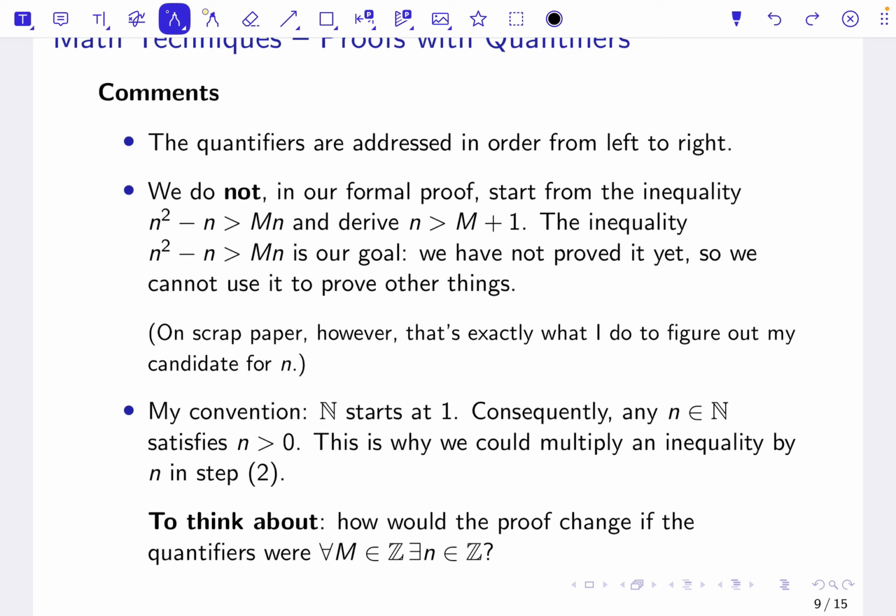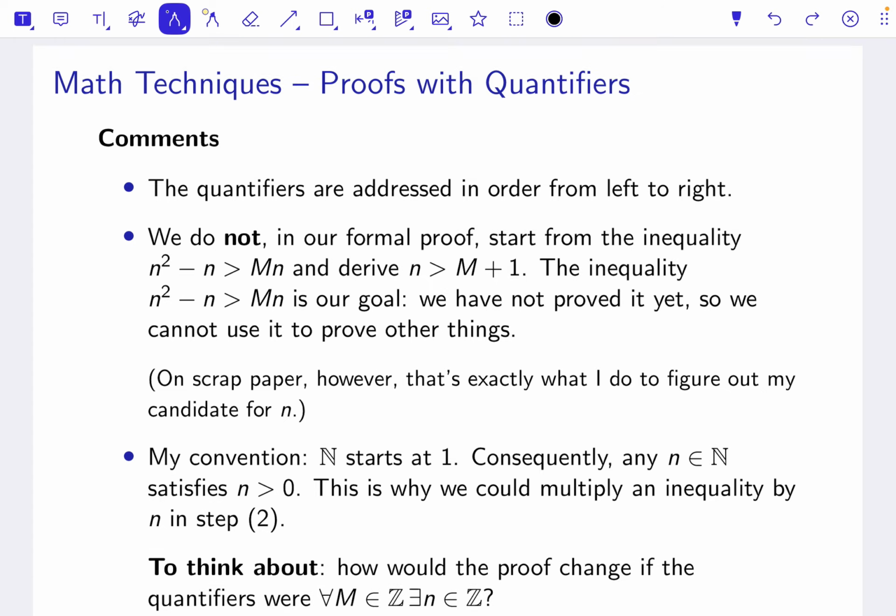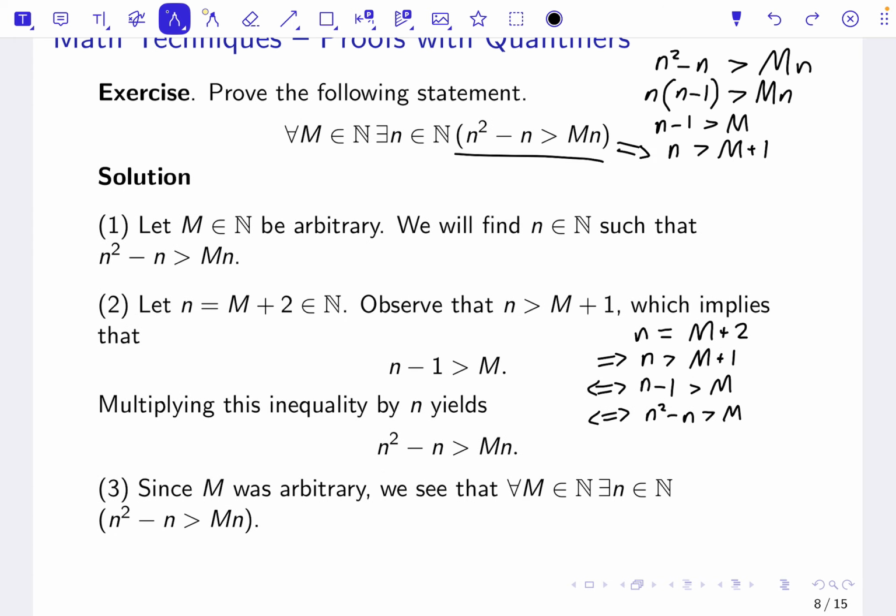Our goal is to prove the inequality that we're given. But in order to figure out what values to use for existentially quantified variables, we do start from the inequality and derive the value for n. But of course, that's just rough work. Your proof should look more like what's on the slide.